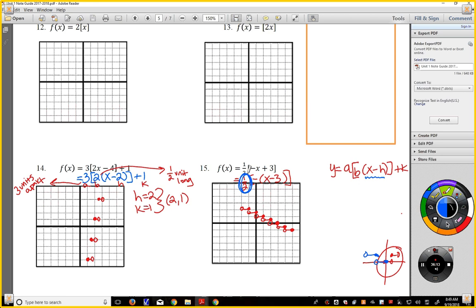So the way I knew which direction to go was solely based on what it would look like when I'm finished. So if there's no reflections, I use the parent function. So the red that I had drawn up here was the parent function before. And I drew that to help me with this graph. This graph had no reflection, so I made sure the steps start and go up to the right.